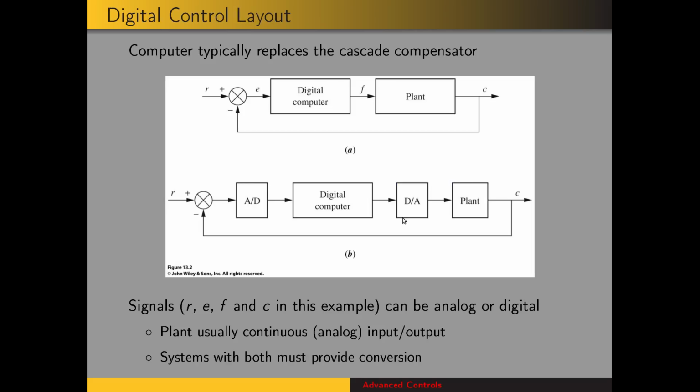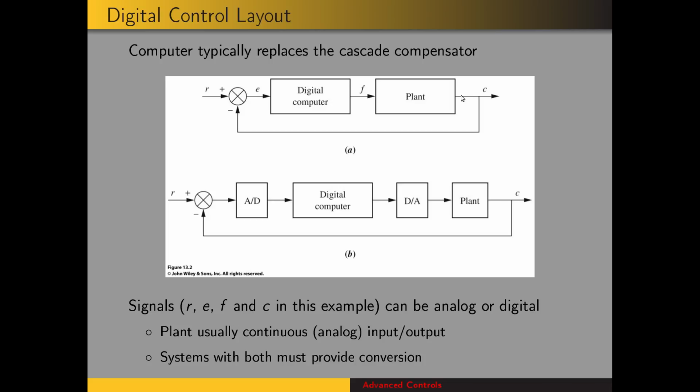Here's a block diagram representing a digital controller. A computer typically takes the place of a cascade compensator, so you can see that here in this feedback diagram. Digital computer provides a signal to the plant. And expanding this block a little bit, we have these signals R, E, F, and C, and they can be either analog or digital.